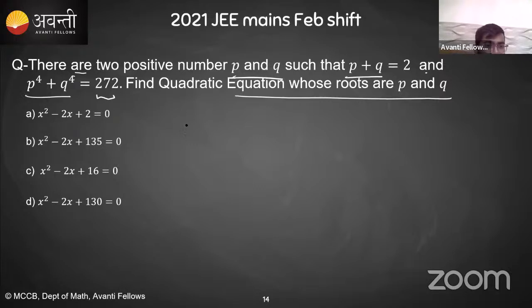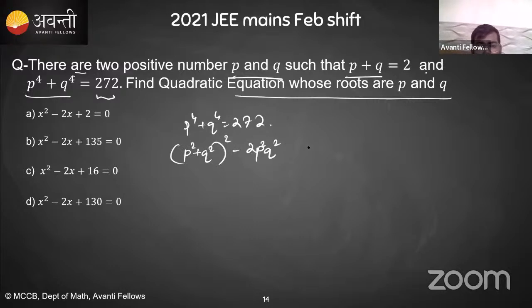Here p power 4 plus q power 4 is given as 272. Now can I write p power 4 plus q power 4 as (p square plus q square) whole square minus 2p square q square equals 272, right?